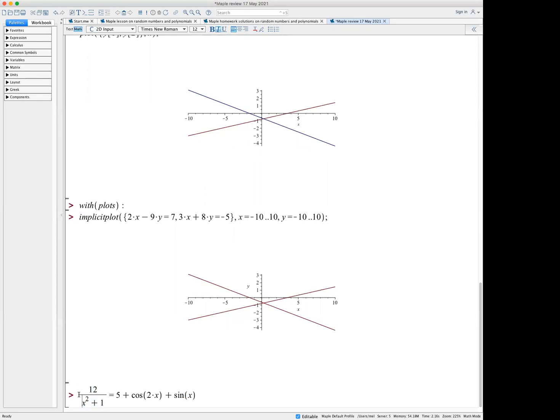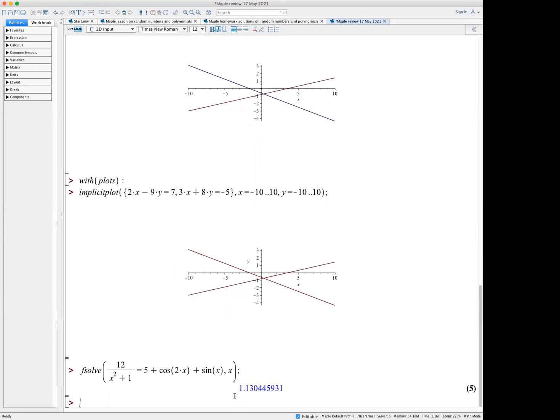All right, so we have this equation, 12 over x squared plus 1 equals 5 plus cosine of 2x plus sine of x, and we want to find solutions for that. So we do fsolve. Solve this equation for x, and we get one answer. Now, there might be more, we just don't know. So you can check by plotting the left-hand side and the right-hand side separately. That's one way to do it.